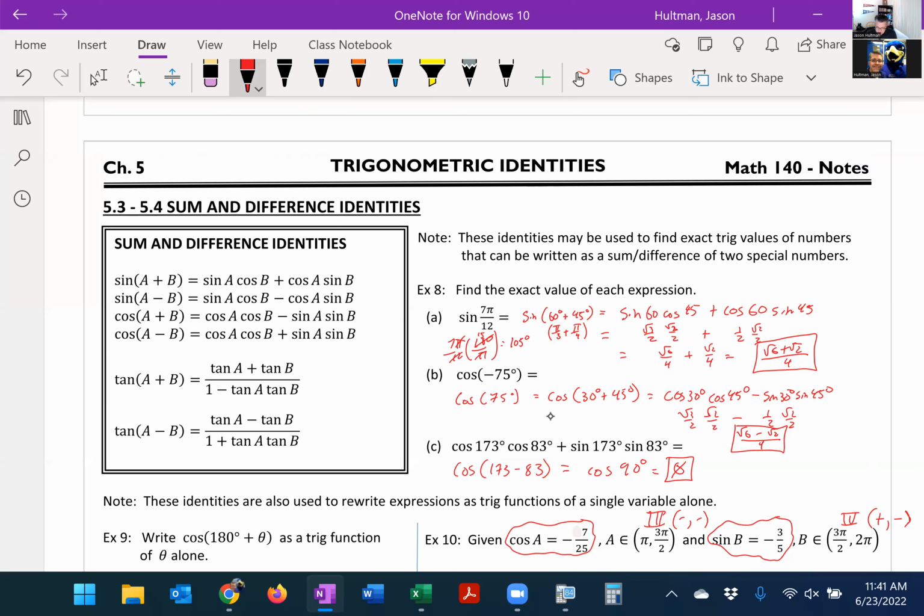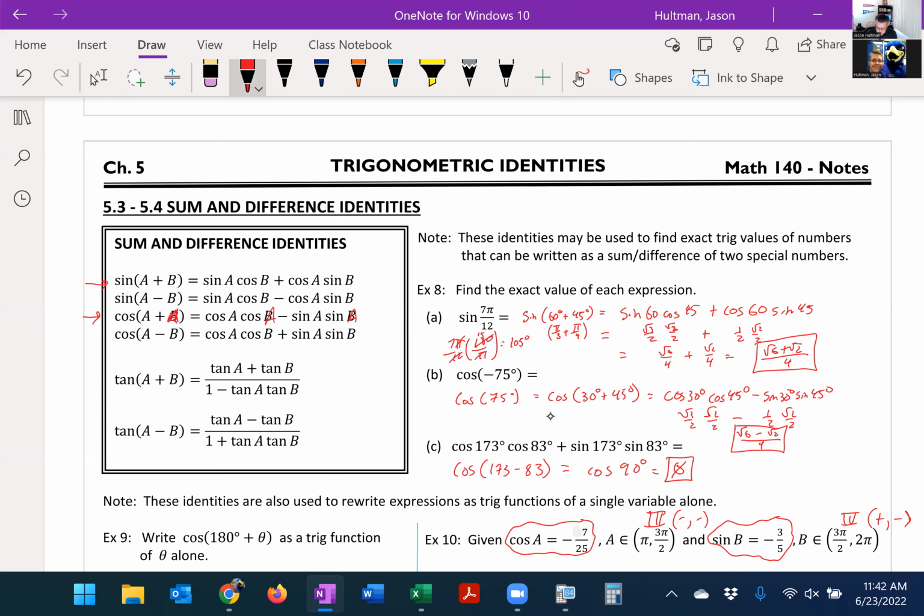And if I do that for cosine of A plus B, this is cosine A plus A, which is going to be cosine A times cosine A, which is cosine squared A, minus sine A times sine A, which is sine squared A. So that's cosine squared A minus sine squared A, which is cosine 2A. So that's how that's derived.